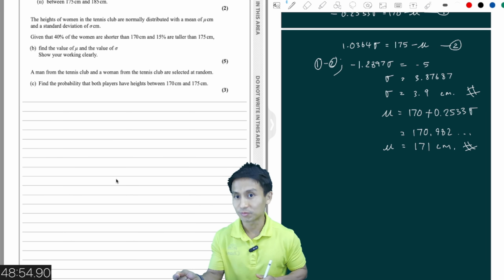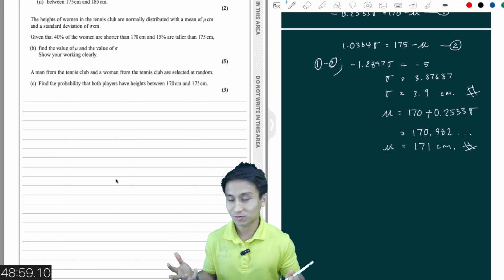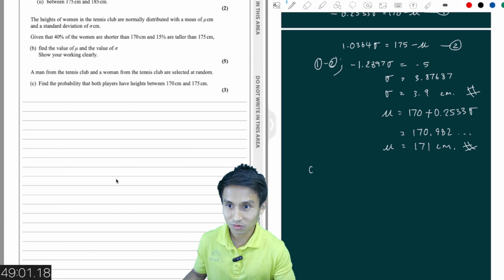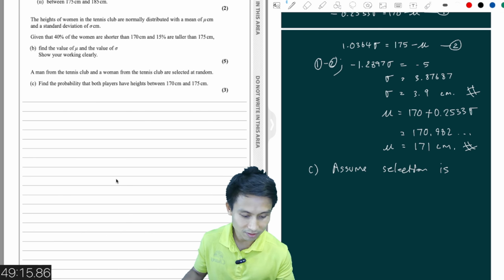We select one from either group, which are probably independent, right? You don't need to write this, but assume that selection is independent from either group.